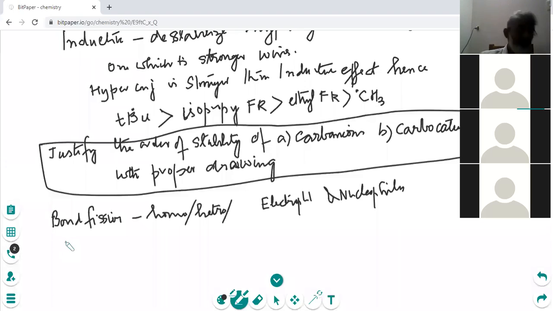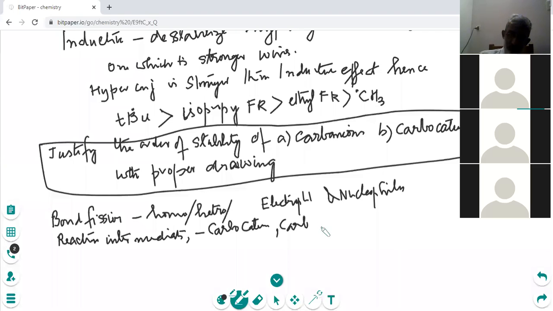Then what did we discuss? Yeah, different reaction intermediates, which include carbocation, then carbanion and the free radical.